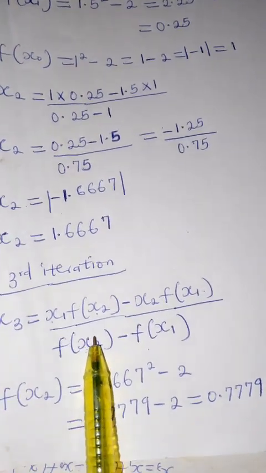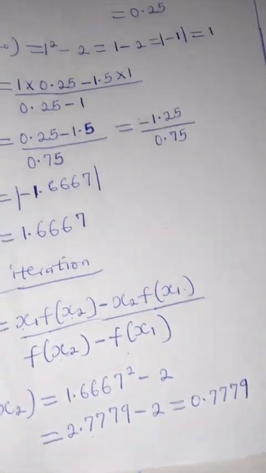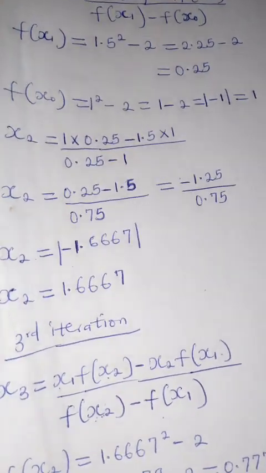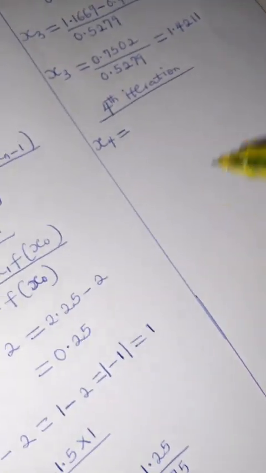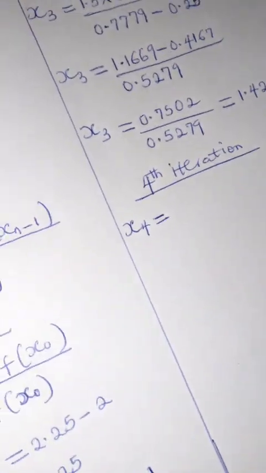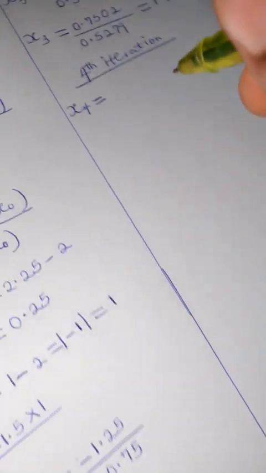we are going to get our x4 formula from this formula. Now since we have x2, x3 now, no need for us to work with x1. So we are going to discount x1. So here we are going to say x4 is what?